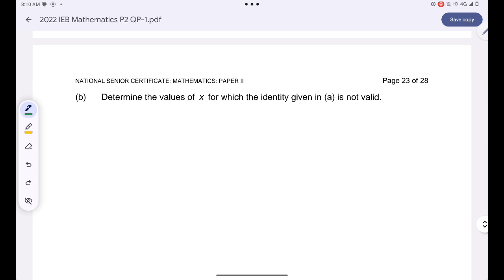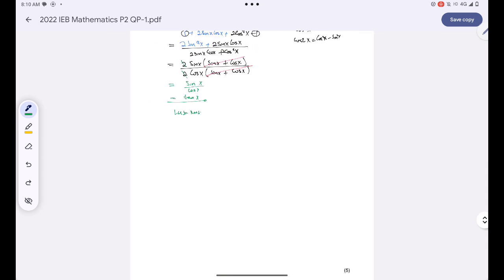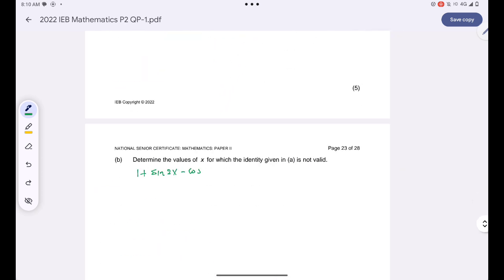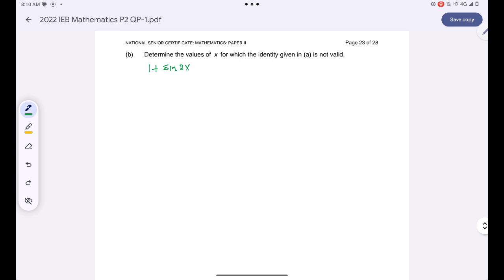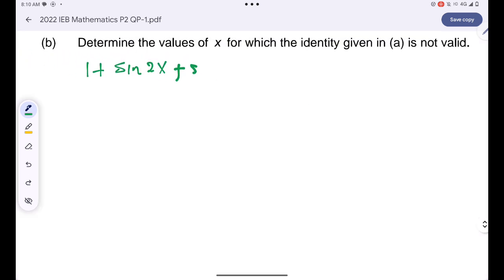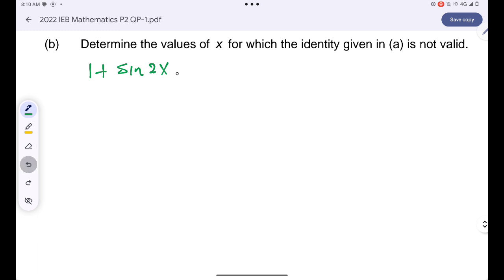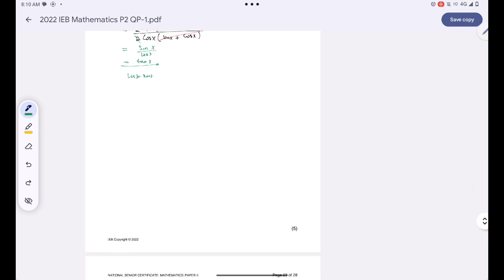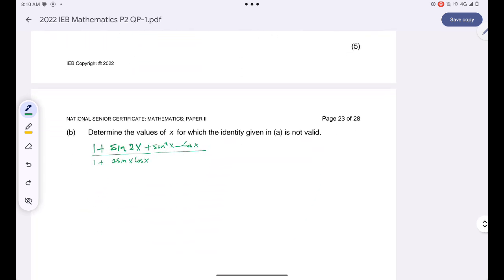My identity, remember that, guys, the identity was 1 plus sine 2x minus, plus sine squared x minus cos x all over 1 plus 2 sine x cos x, 2 sine x cos x plus cos 2x.